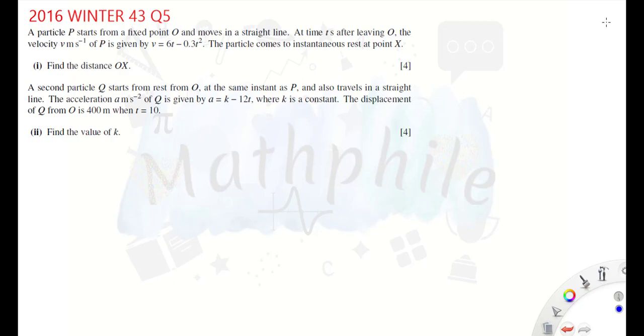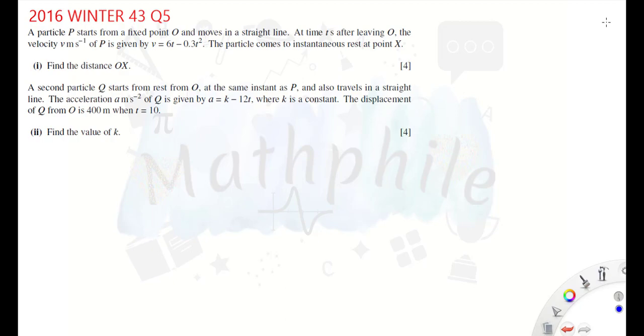A particle P starts from a fixed point O and moves in a straight line. At time t seconds after leaving O, the velocity v meters per second of the particle is given by v equals 6t minus 0.3t squared. The particle comes to instantaneous rest at point X. Find the distance OX.